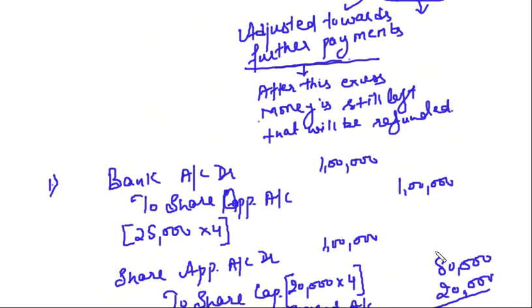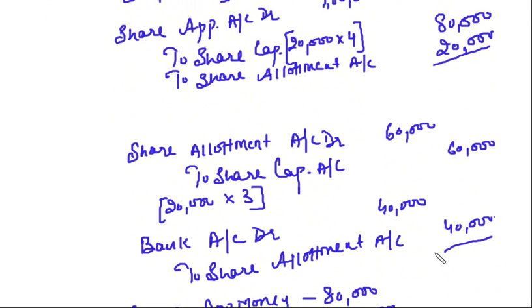Clear? I hope this example is clear. At the time of allotment, you were to receive 60,000. You tell people that we have excess money of 20,000, so adjust this with 60,000 and pay us only 40,000 as allotment money. We have already considered that we have received allotment money to the extent of 20,000.